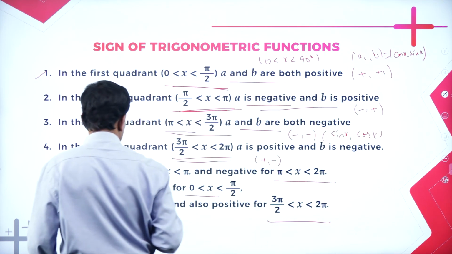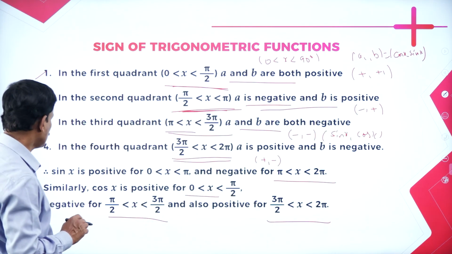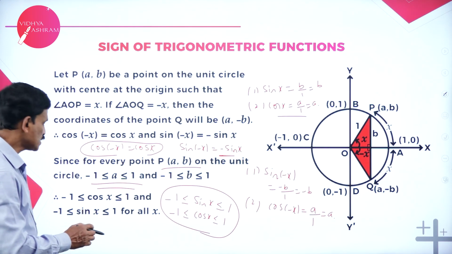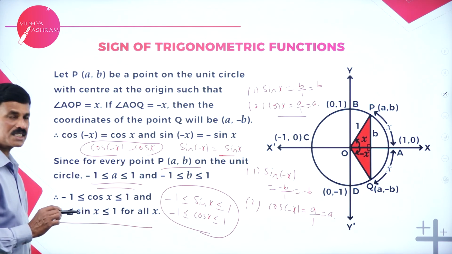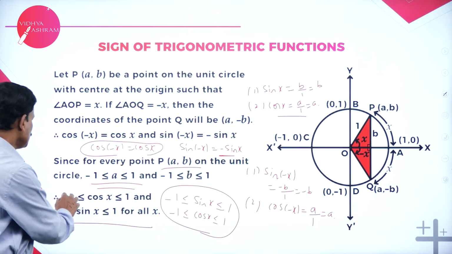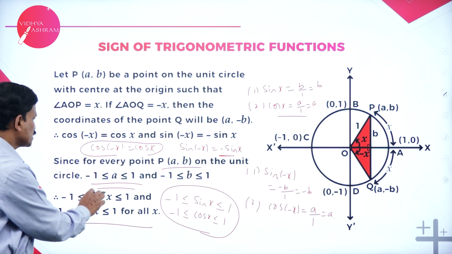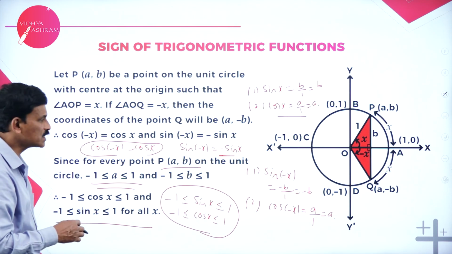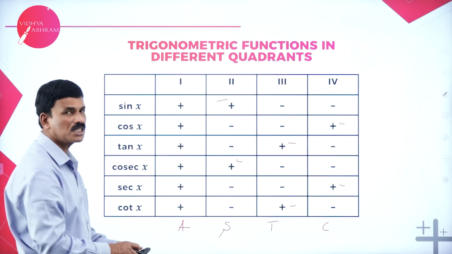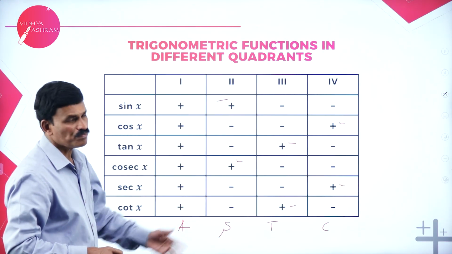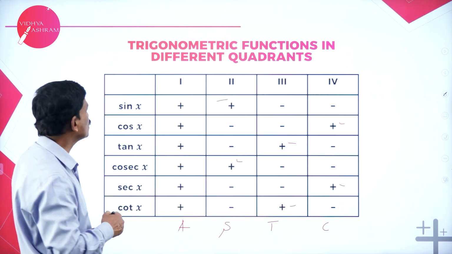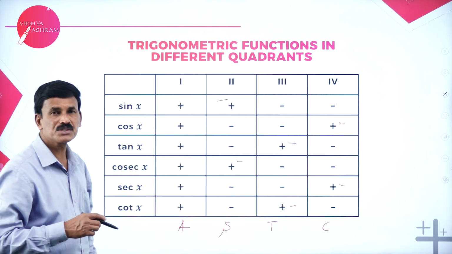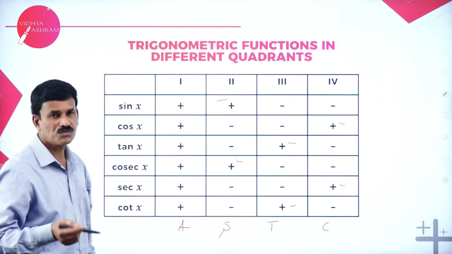Hence, minus 1 is less than or equal to sin x less than or equal to 1, and minus 1 is less than or equal to cos x less than or equal to 1. Using that, we distribute the signs. This is how the sign conventions work for all the trigonometrical ratios in the four quadrants.